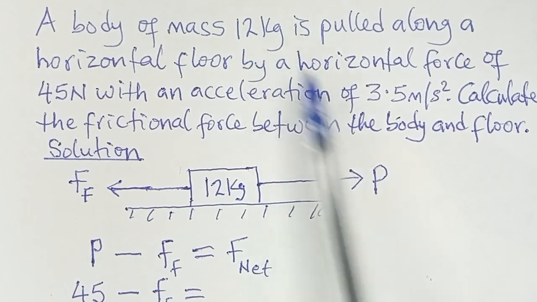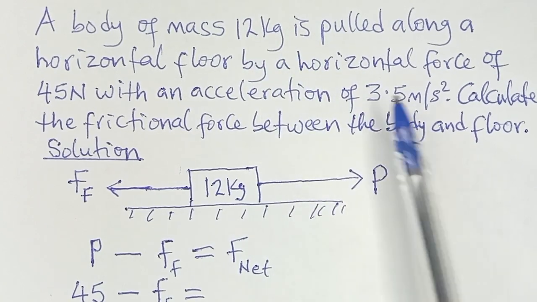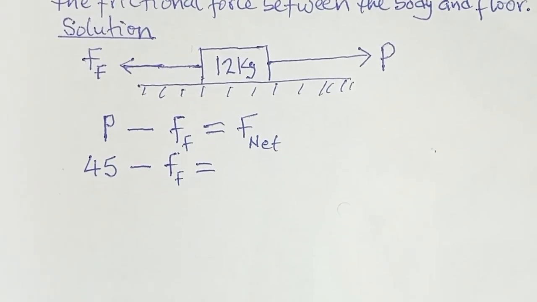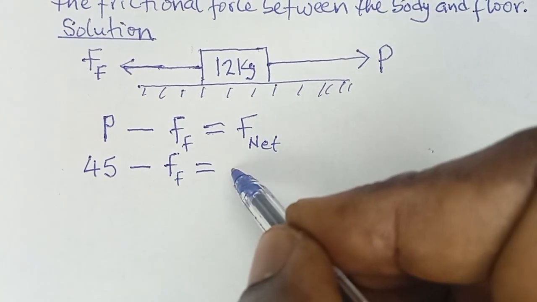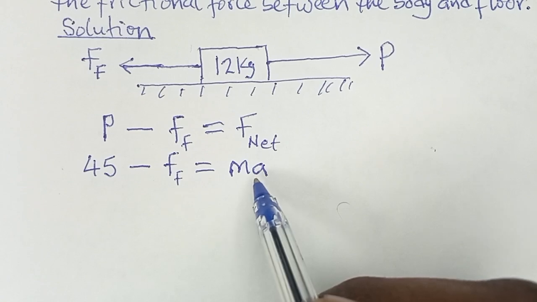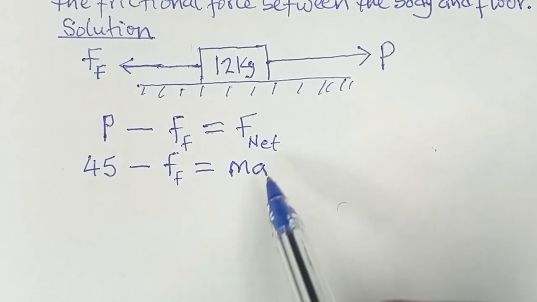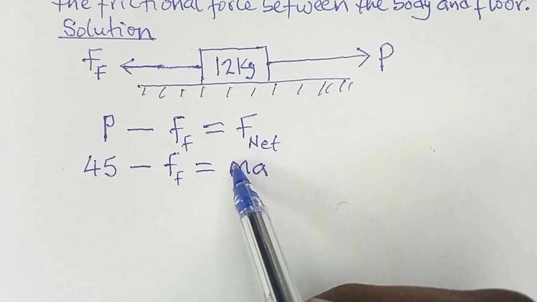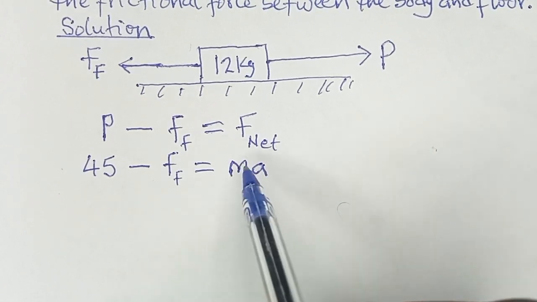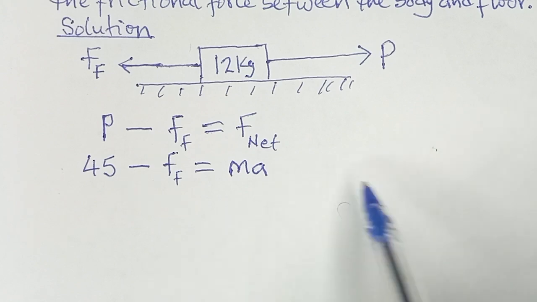That is the mass times the acceleration is the net force with which the object is moving. Take note of that. When a body is moving with an acceleration, multiplying by the mass of that body gives you the force that is acting on that moving body.